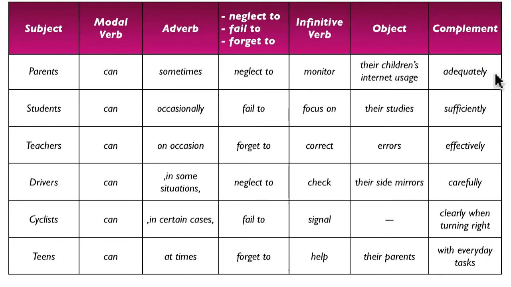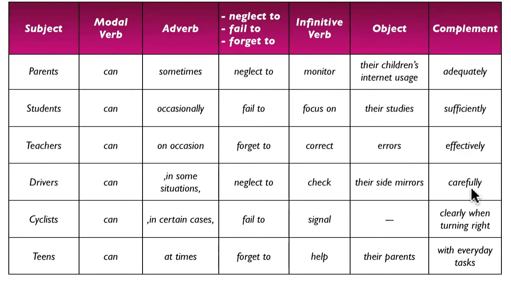Here you'll notice that some of my sentences ended with an adverb. Adequately means well enough, to a good standard. Sufficiently means enough. So sufficiently and enough are synonyms. Sufficiently is the formal version of enough. Then effectively means to be effective, to do it in a good way so that it works.